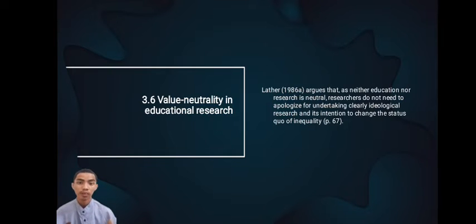Later in 1989 argues that as neither education nor research is natural, researchers do not need to apologize for undertaking clearly ideological research and its intention to change the status quo or inequality.